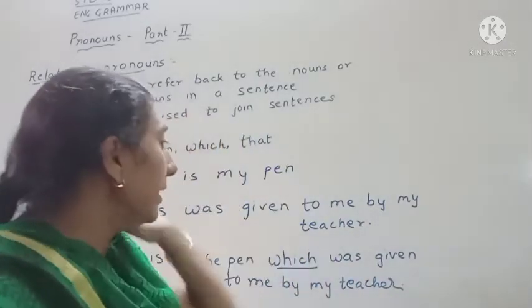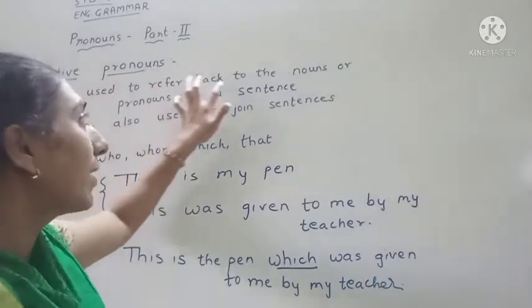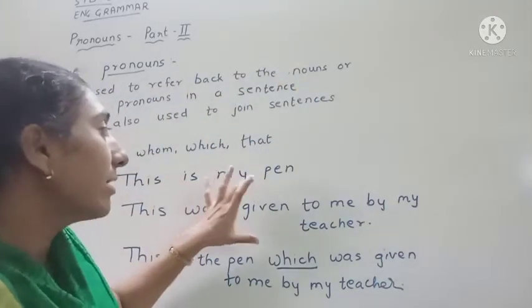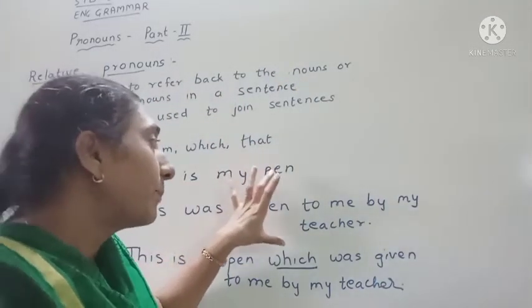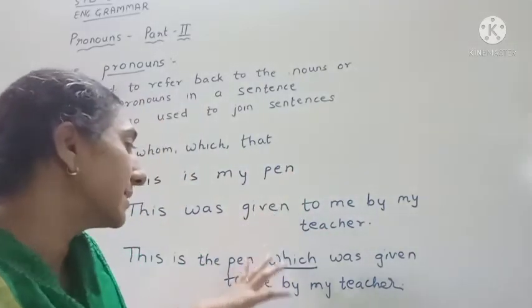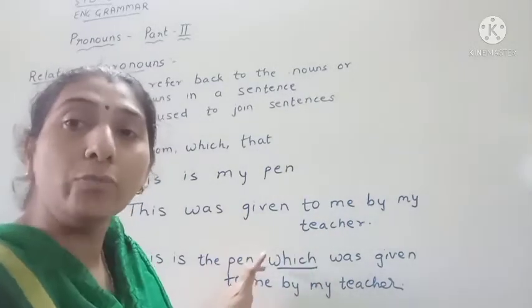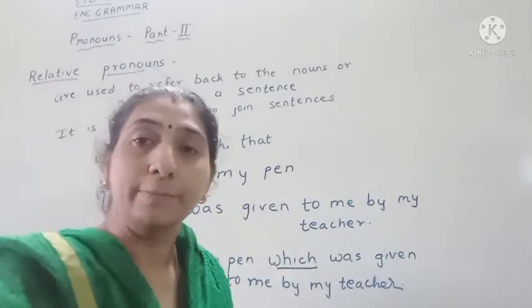So relative pronouns are used to refer back to the nouns. Here the same noun, pen, is told in this sentence. So here we have used the relative pronoun which.